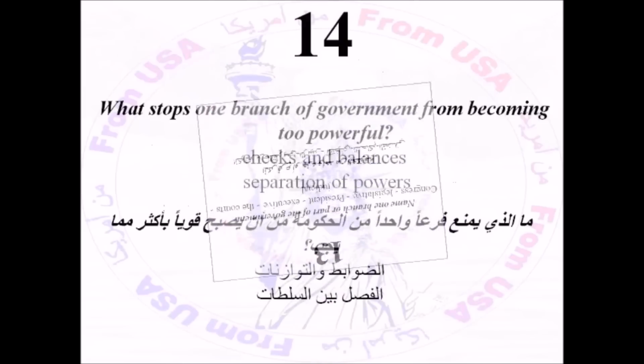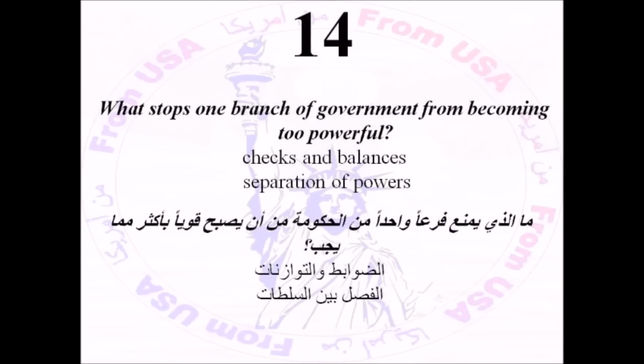Number 14. What stops one branch of government from becoming too powerful? There's a system of checks and balances and a separation of powers. Number 15.